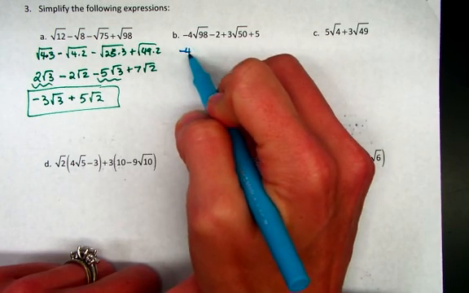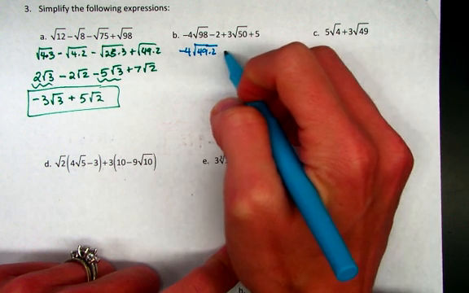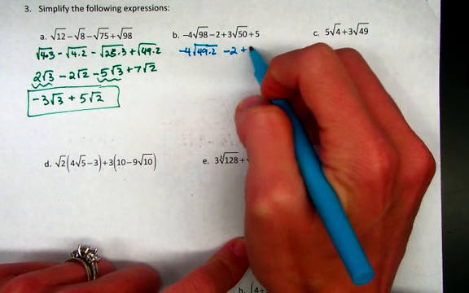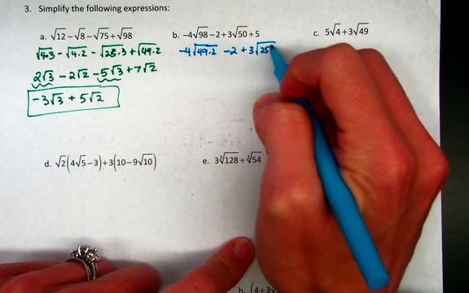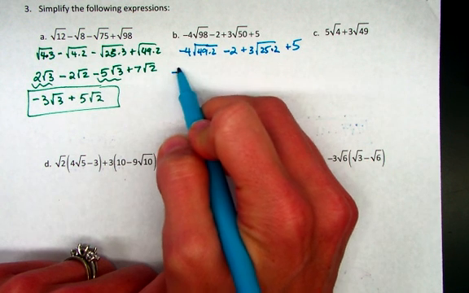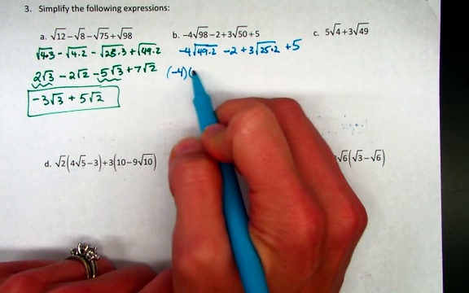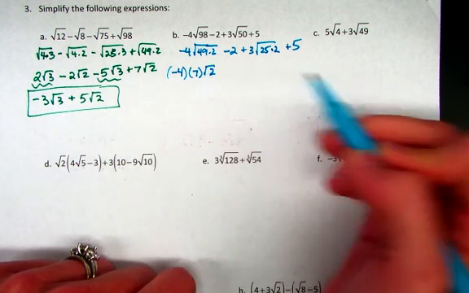This is negative 4 times root 49 times 2 minus 2 plus 3 times root 25 times 2 and then plus 5. So this becomes negative 4, and then this is a 7. So I'm going to put parentheses here because we're going to multiply that 7 root 2.